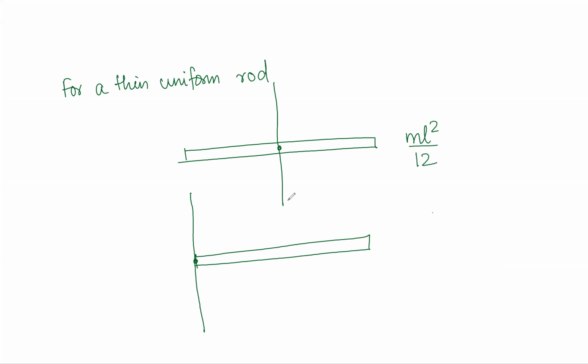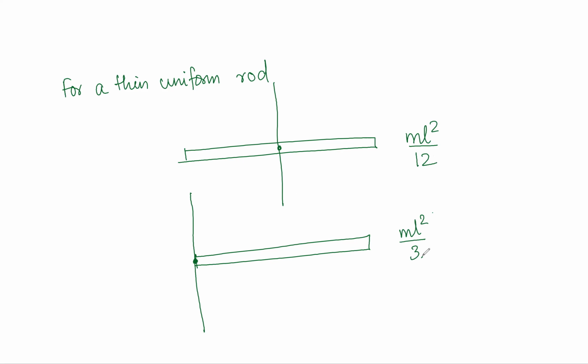For a thin uniform rod, the moment of inertia about the center of the rod is ML square divided by 12. And for the same rod, the moment of inertia about the edge of the rod is equal to ML square divided by 3. Take it, two things.